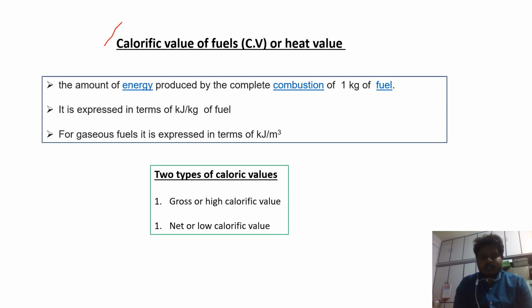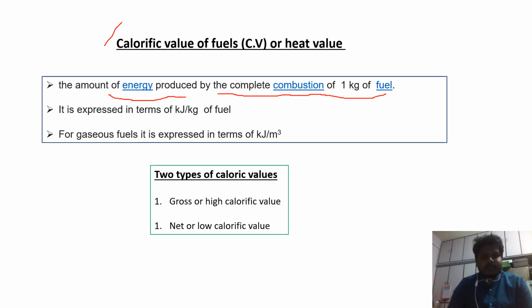Calorific value, also known as heat value, is the amount of energy produced by the complete combustion of 1 kg of fuel. Which means, by burning 1 kg of fuel, the amount of energy released is called calorific value.